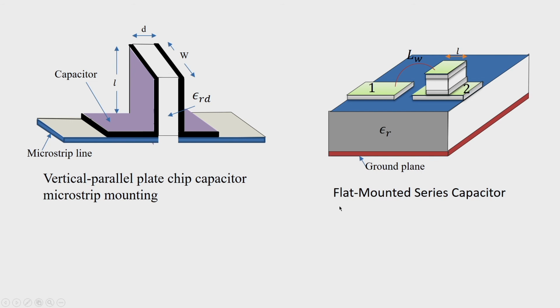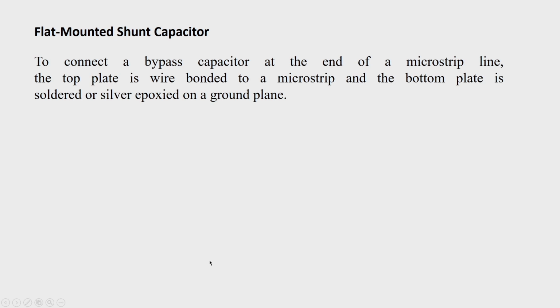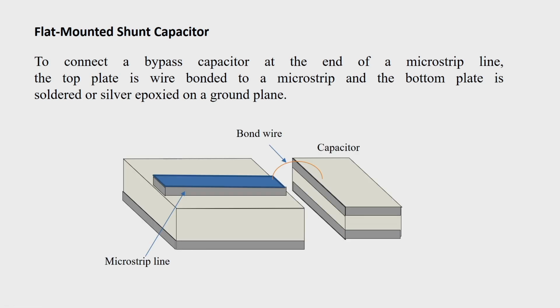Then we can have a flat mounted series capacitor where we have a wire connecting one of the plates of the capacitor to the line and there is a gap. Then there is a bypass capacitor at the end of a microstrip line.